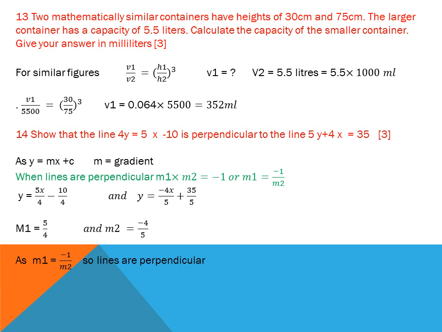The value multiplied by x is called the gradient. So 5 over 4 is the gradient of line 1. Similarly, the gradient of line 2 is minus 4 over 5. We notice that these two gradients are reciprocal and negative to each other. It proves that line L1 and line L2 are perpendicular to each other.